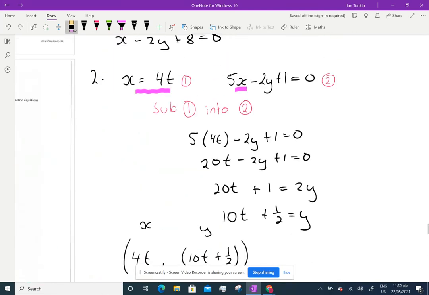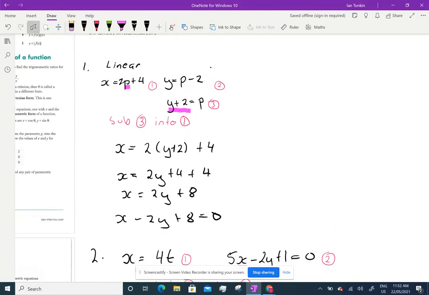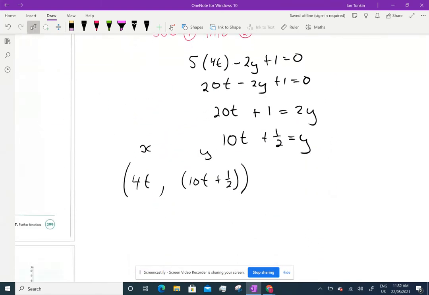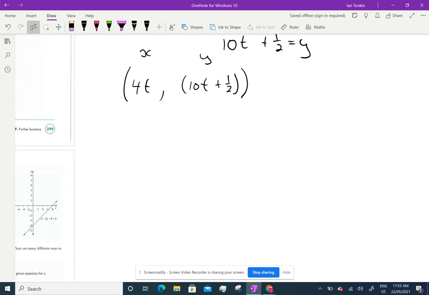Linear is very easy. That's going between the two. And remember, if you're going to have to sketch it, all you have to do is get it in its Cartesian form. Once it's in its Cartesian form, you can sketch it. So that would be all right.